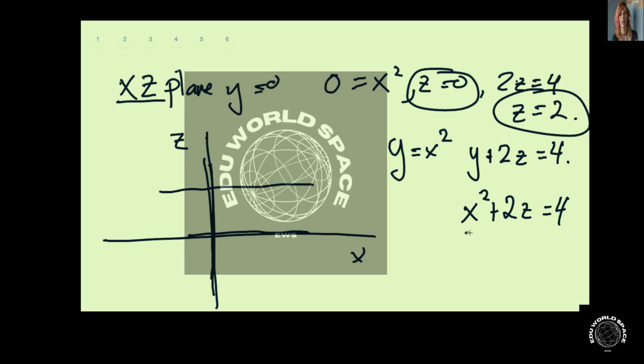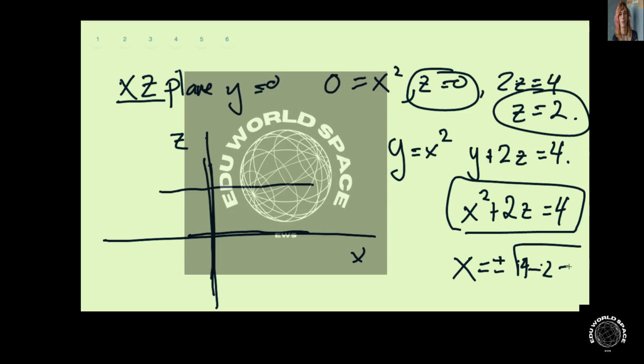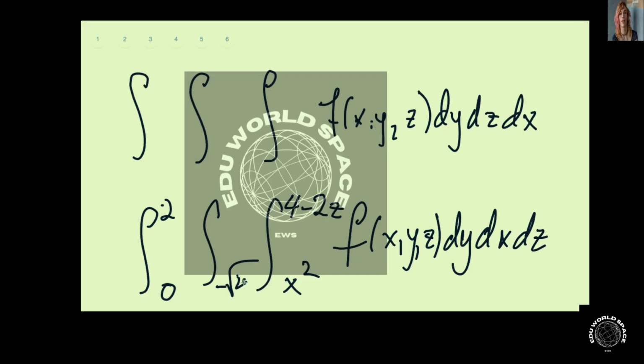We have to solve this guy for x, right? So x is going to equal plus or minus square root of 4 minus 2z. Okay. Minus square root of 4 minus 2z and plus square root of 4 minus 2z.